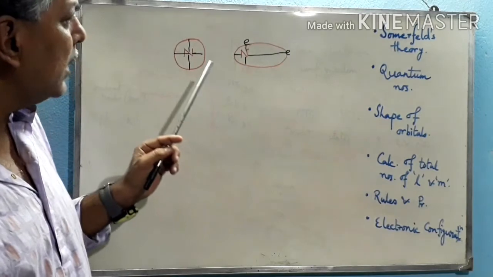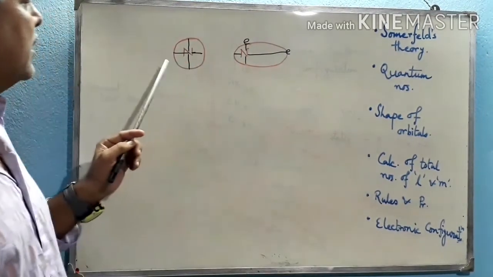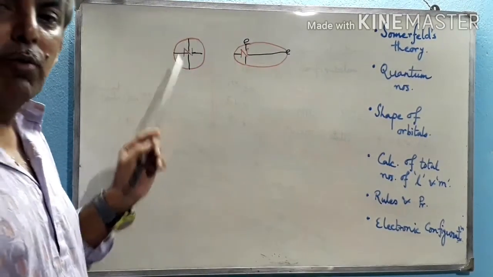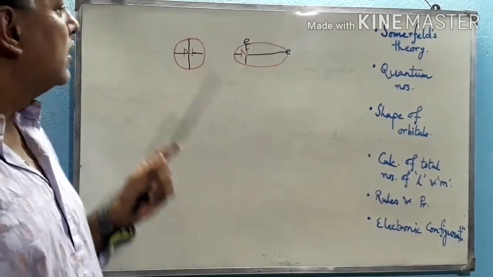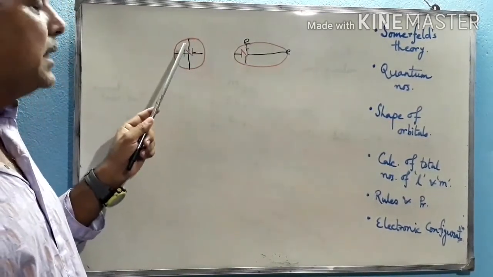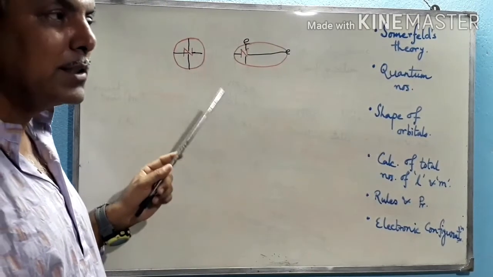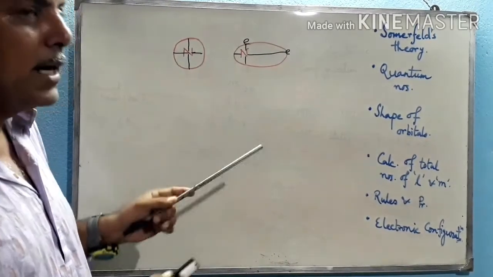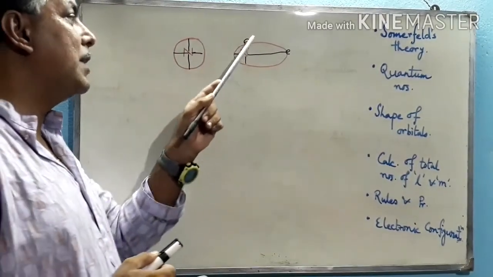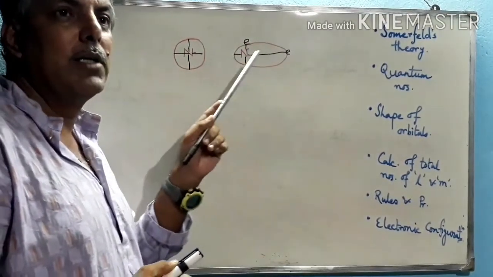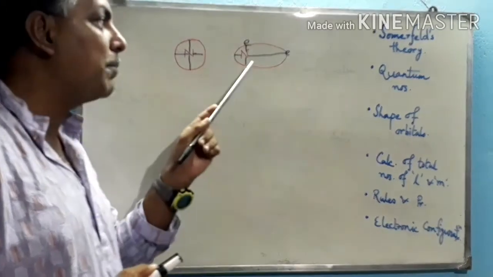Whenever the electron revolves around the nucleus in a circular orbit, the distance of the electron from the nucleus remains fixed, and hence the velocity remains unaffected. But the problem arises whenever the electron moves around an elliptical pathway.